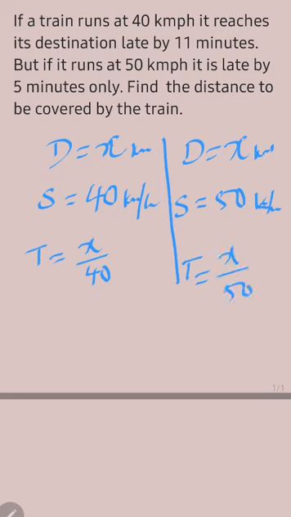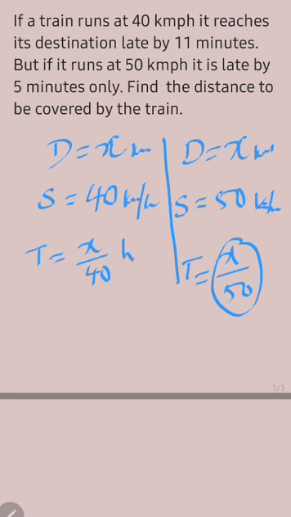So if the train is maintaining 40 kilometers per hour speed, then the time taken is x by 40, and if the train is going at 50 kilometers per hour, then the time is x by 50. Okay, we got the times in both cases.